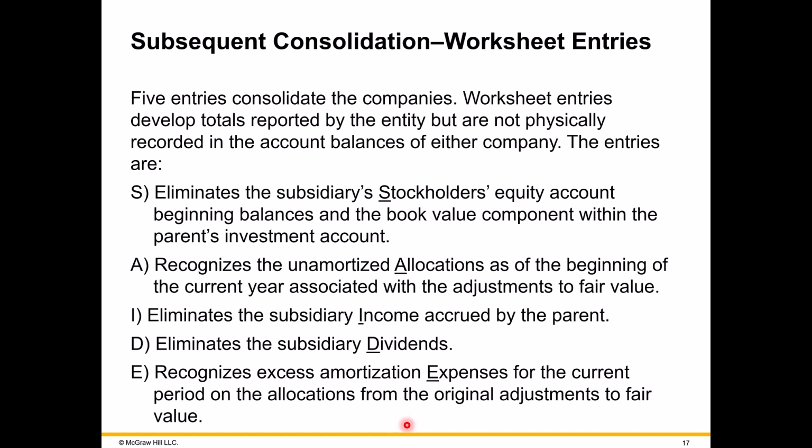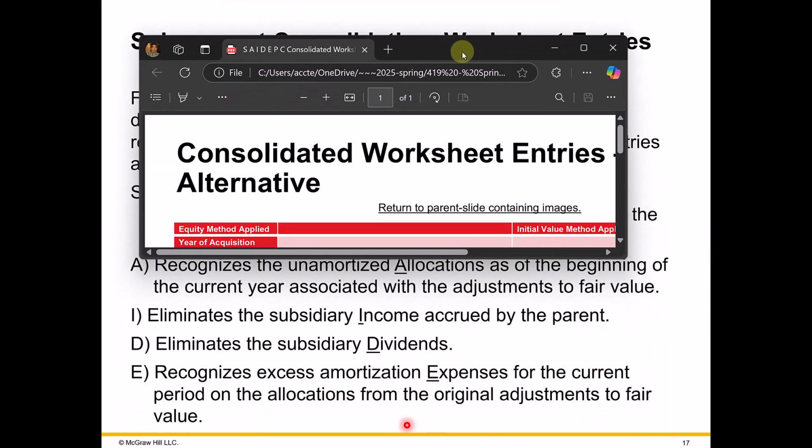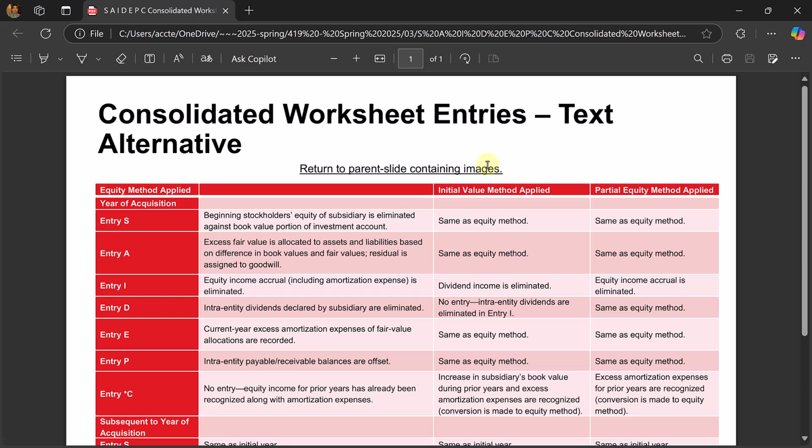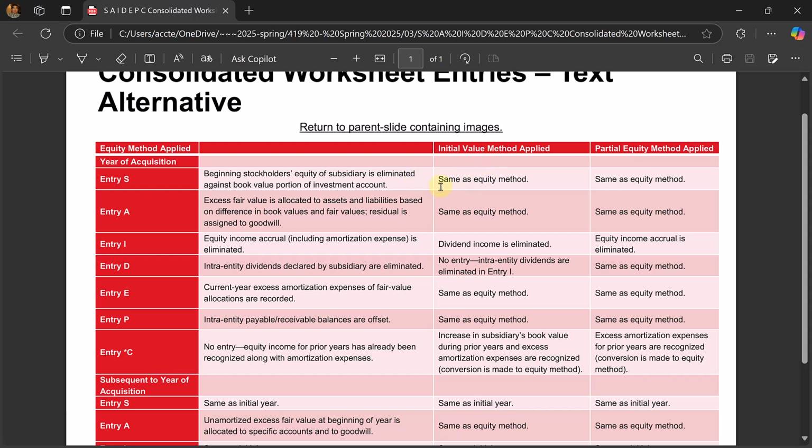Let me show you the last slide that's on the PowerPoint file for this video lecture. So if you go to the PowerPoint and look at the last slide, it mentions the same letters here and gives you a brief explanation of what has to be done. This is the action you've got to take.